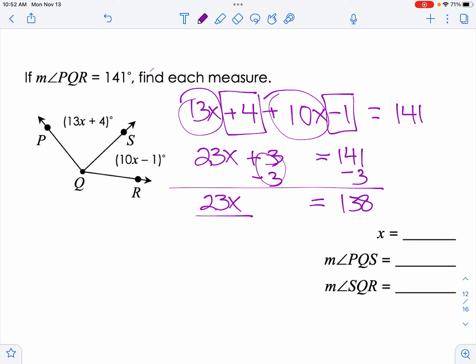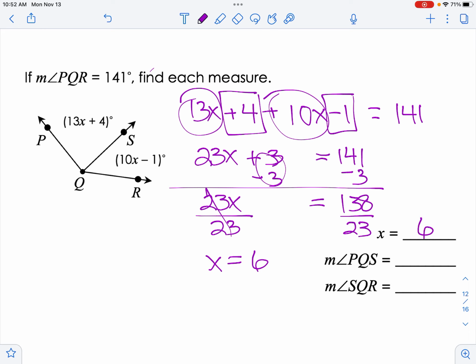Then I want to divide by 23 on both sides. x equals, and 138 divided by 23 is 6. So I now know that x here is 6.